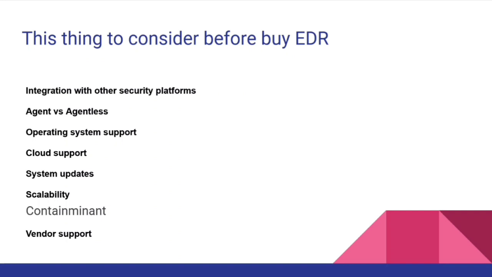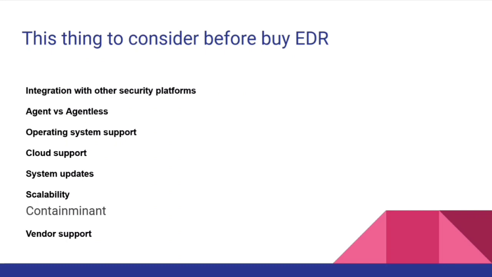Operating system support like macOS, Linux or Windows, as well as cloud support. System updates: your EDR should be updated frequently, for all the security best practices and security measures, for updating the signatures, the behavioral analysis and the file containment feature. All those features should be updated.